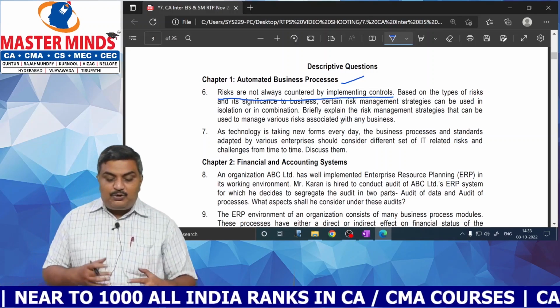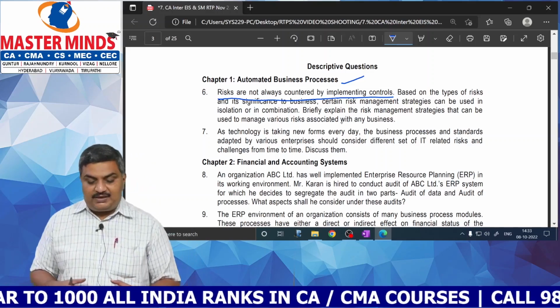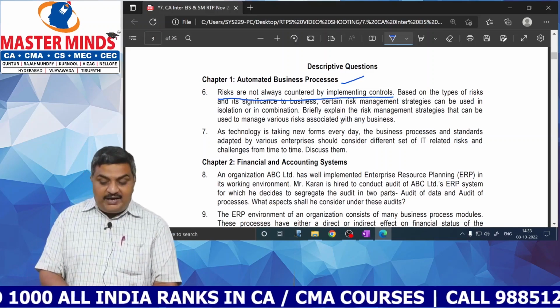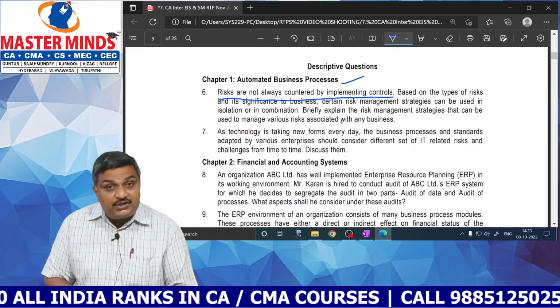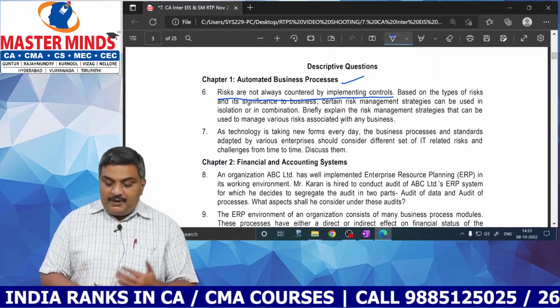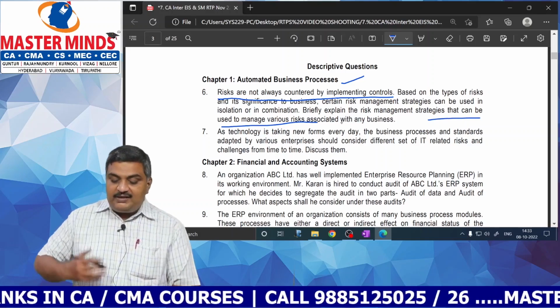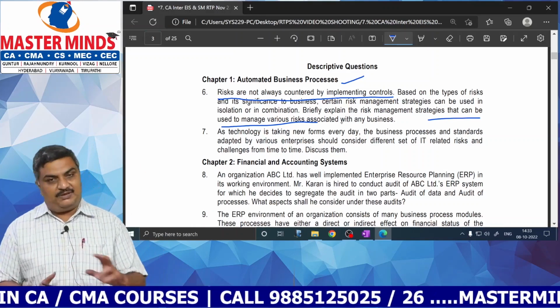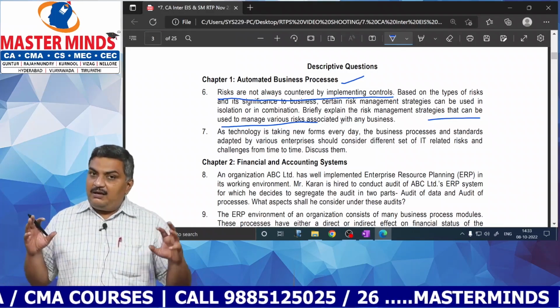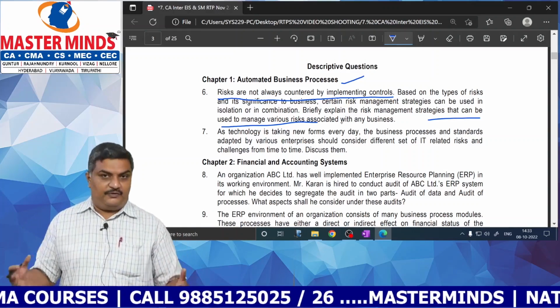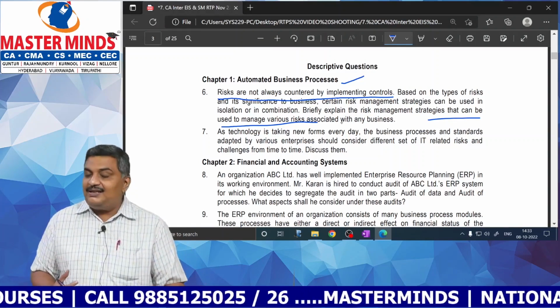Based on the types of risks and their significance to business, certain risk management strategies can be used in isolation or in combination. Briefly explain the risk management strategies that can be used to manage various risks associated with any business. See, in EAS, you should expect this kind of question rather than directly asking the question.